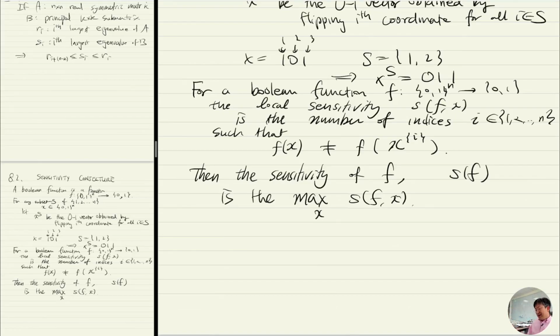If the sensitivity is k, that means at any point, the number of positions you could flip to change the output is always at most k.